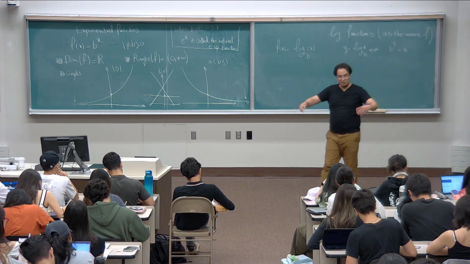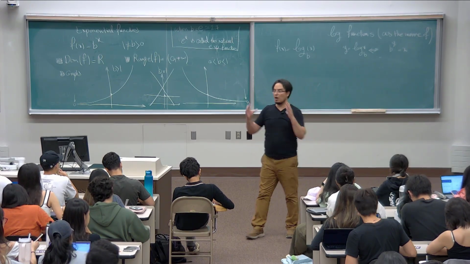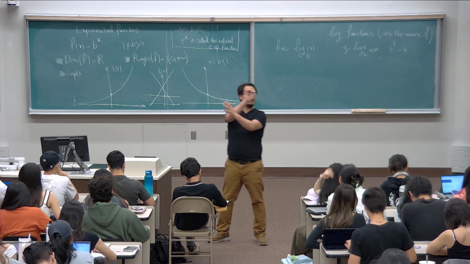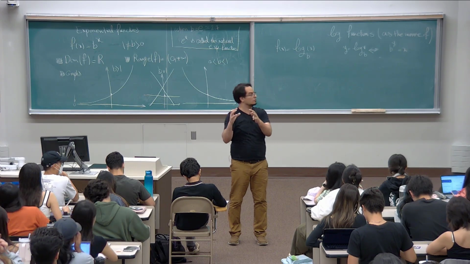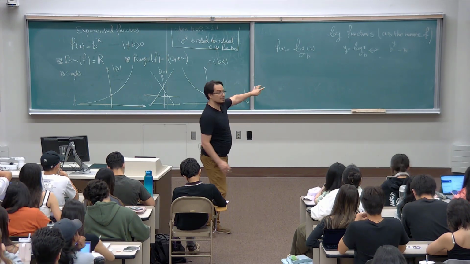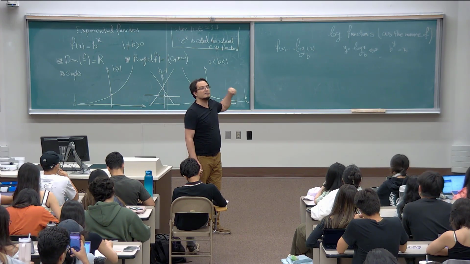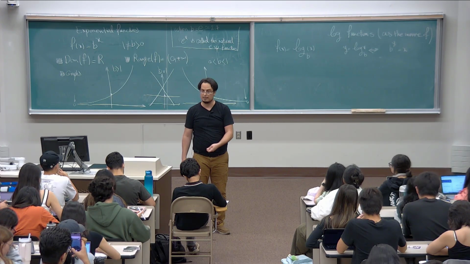Reversing the exponential function: someone is giving you a number x, and you're looking for a number such that b to the power of that number is equal to x. That is how we denote this. It is the inverse of b to the power x.